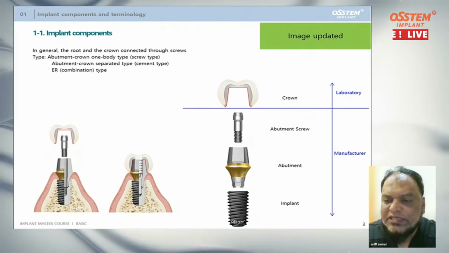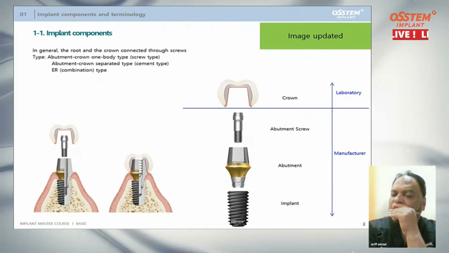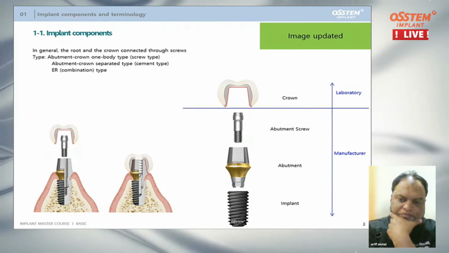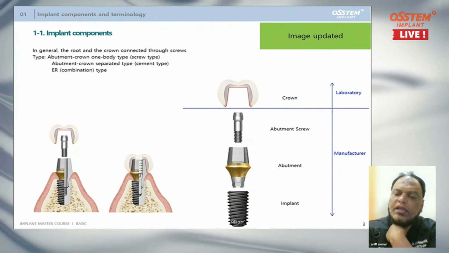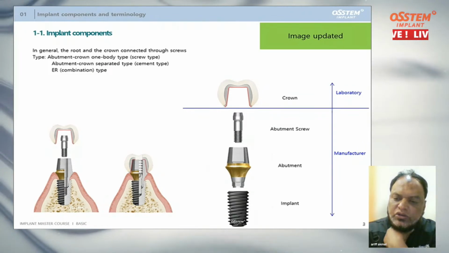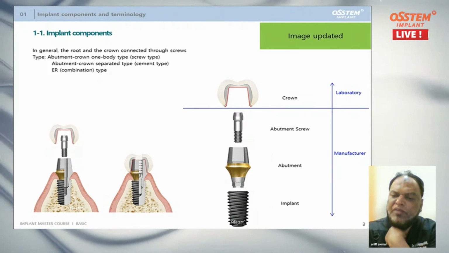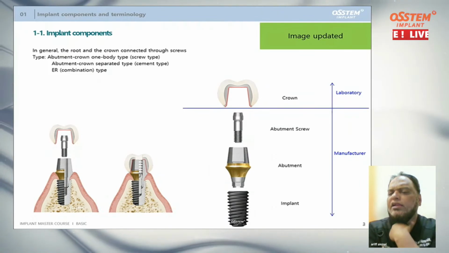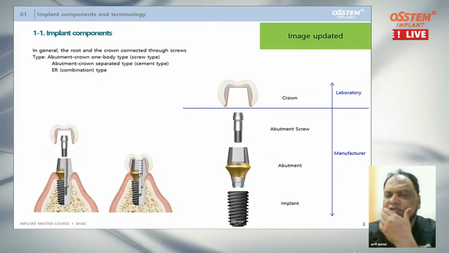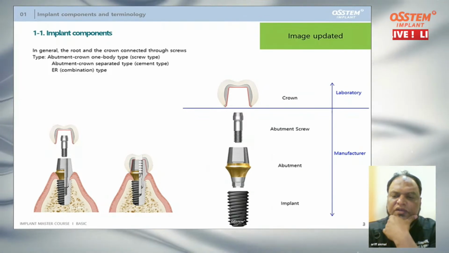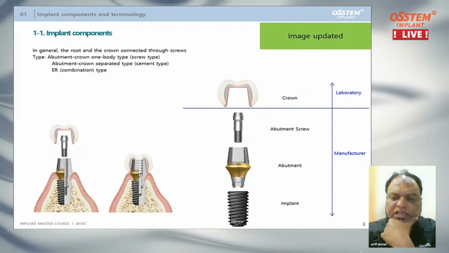Let me again tell you one experience of this. I had only one physio dispenser and only one handpiece. And I started preparing the osteotomy in one of my relatives. I was supposed to place 2 implants in the region of 3.5 and 3.7.